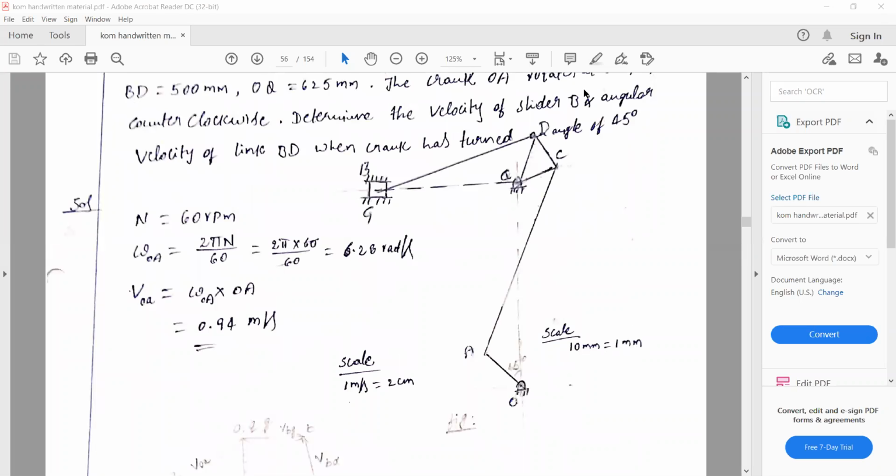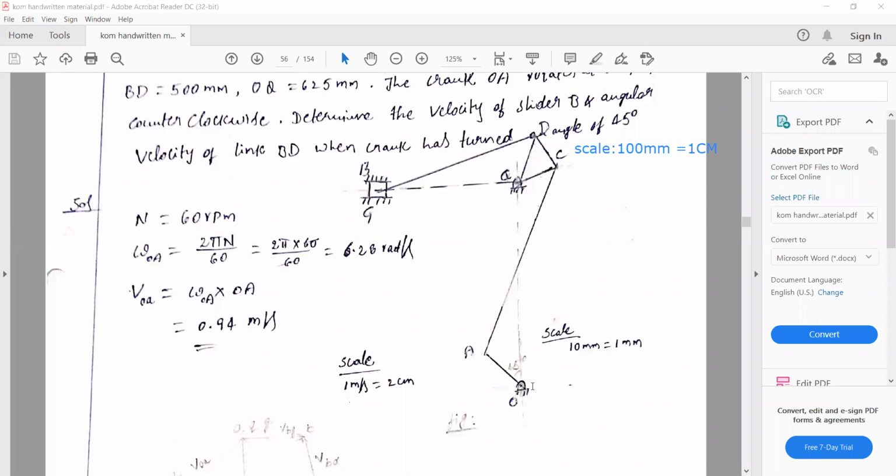Let us take the scale. Just set up the scale: 100 mm equals 1 centimeter. Just you have to set up the scale.